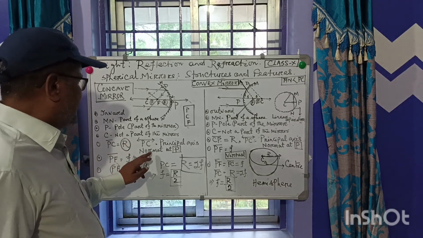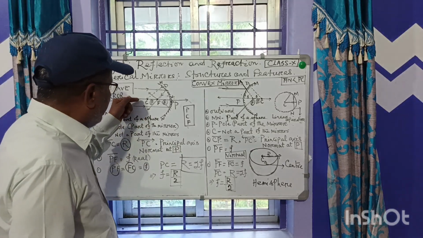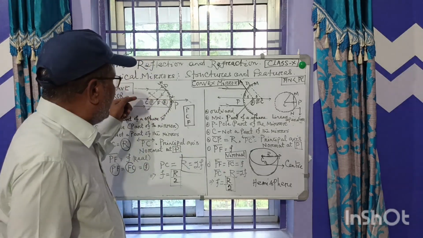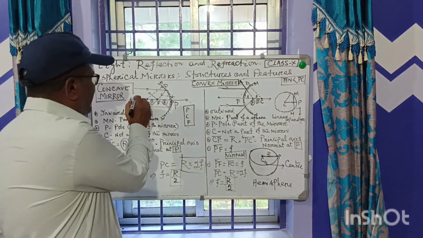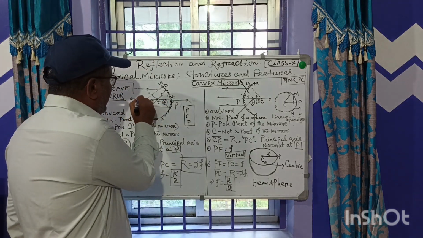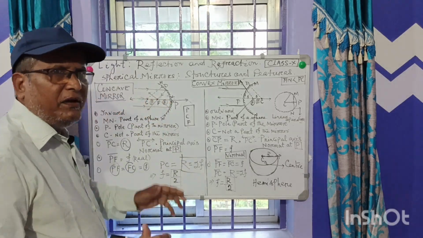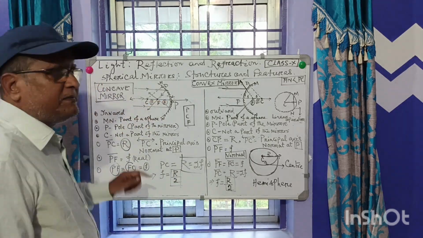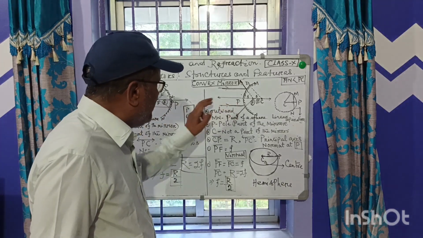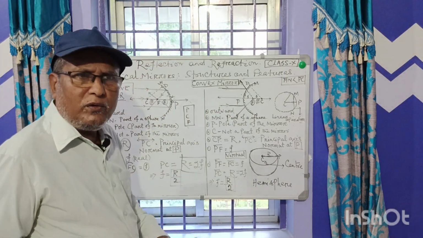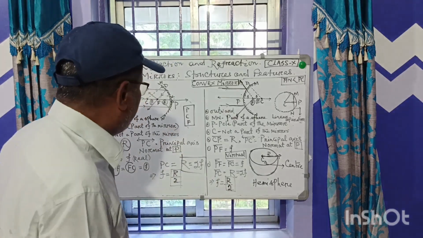So you see, it is normal at point P. What is normal? It is perpendicular at this point, and if the incident ray falls along it, after reflection it returns back along the same path. So please remember, both mirrors follow the laws of reflection that we have already discussed.